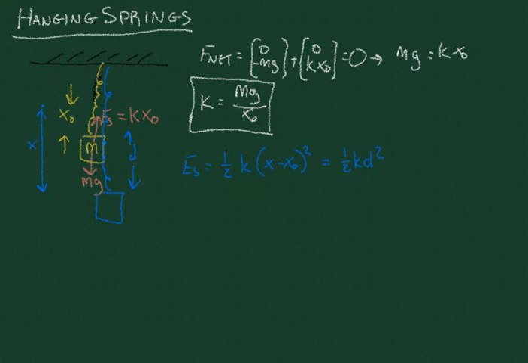And so d is going to be x minus x0. And so this also tells us the spring force is minus k x minus x0, or minus kd. And again, we said that d is going to be x minus x0.